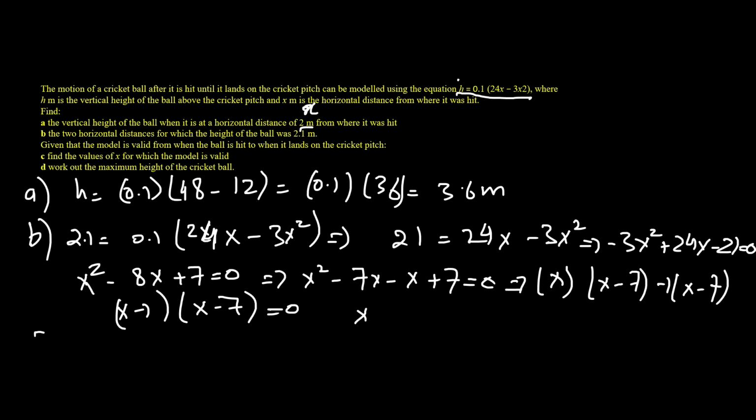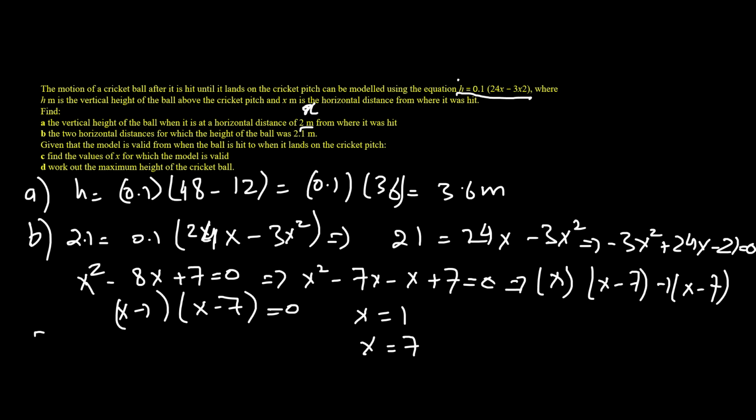So the two values of x are x is equal to 1 and x is equal to 7. So the two values of x for which the height of the ball was 2.1 meters are x is equal to 1 and x is equal to 7. That's the answer to question B.